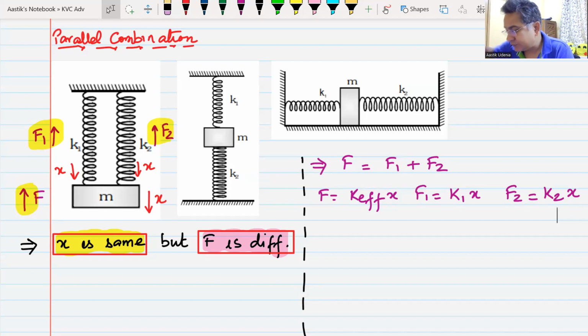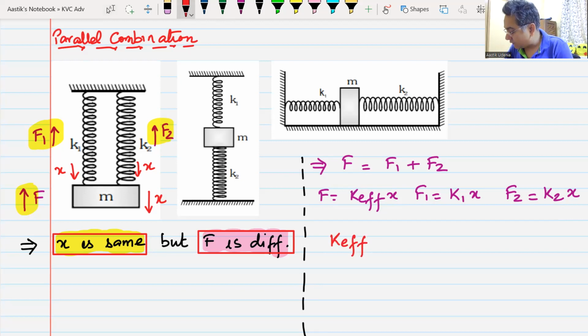Yes, sir. Okay. So, I can write F as K effective multiplied by X, F1 as K1 multiplied by X, F2 as K2 multiplied by X. I can put them in this equation, and I will get the formula that I was looking for.